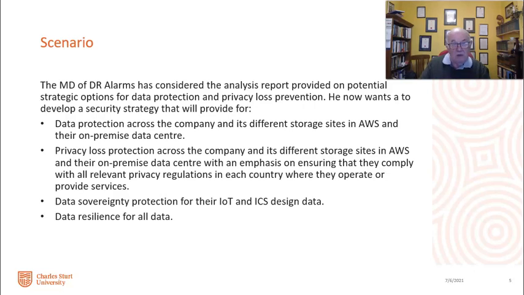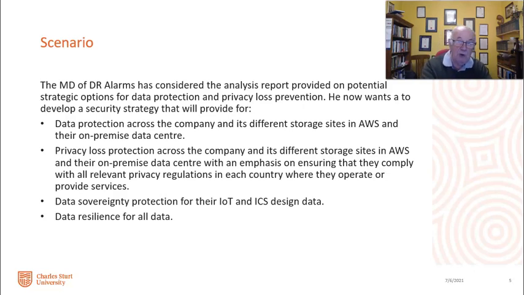So the DR Alarms Board has looked at the analysis report that you've done on potential strategic options, and they now want to develop a security strategy that's going to provide for 4 things: data protection across the company and all of its different storage sites in AWS, as well as their on-premise data set.